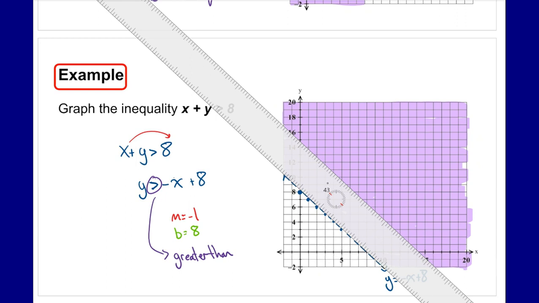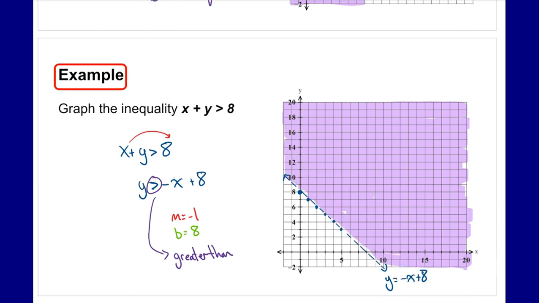If you get an inequality that says greater than or less than and there's no equal to, it's a dotted line. Because the line represents the equal to. So you can almost think, is there a line underneath? No. Well, then there should be no solid line. You still need to have a dotted line to represent that dividing, but it's a dotted line, not a solid line.